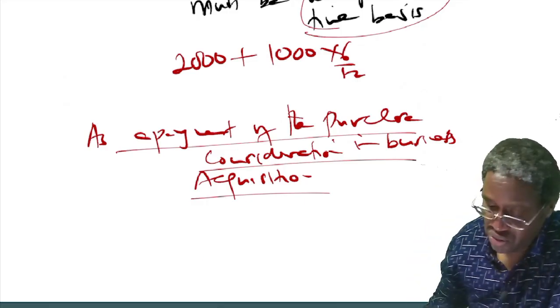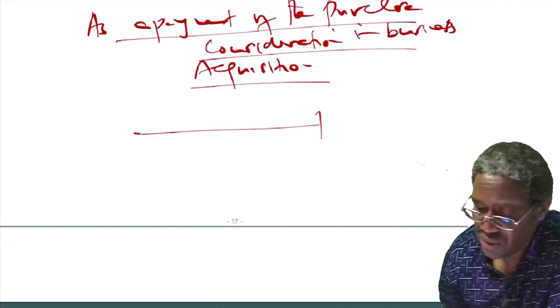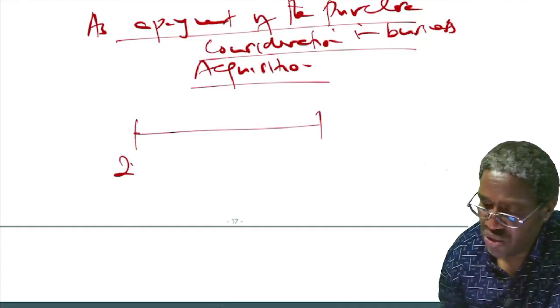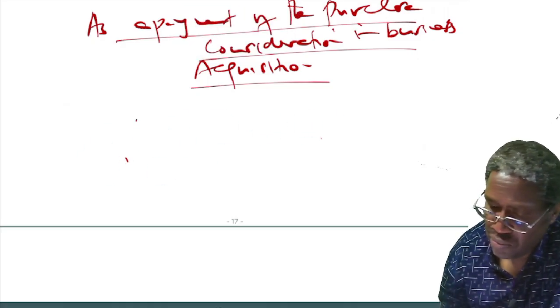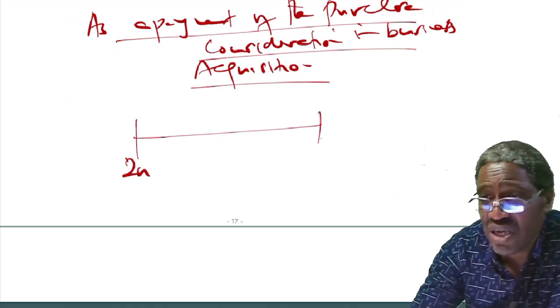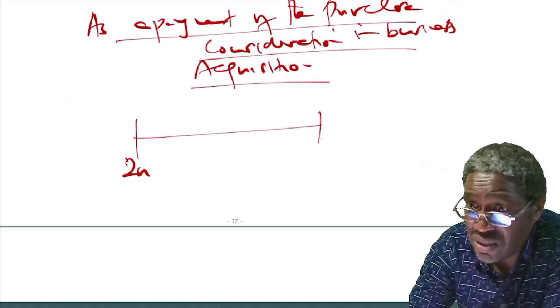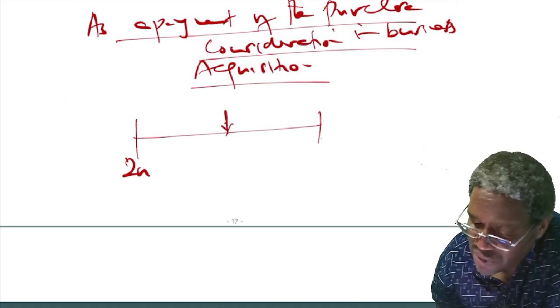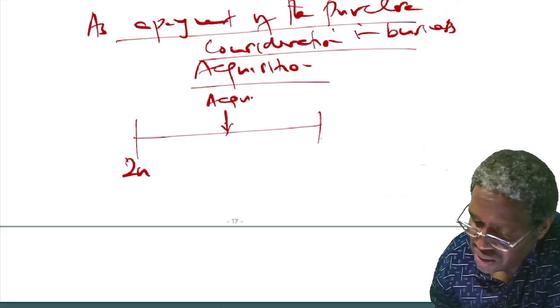Let me ask you a question. You are a holding company. You began the year with 2 million shares. You acquired a subsidiary company on 1st July.